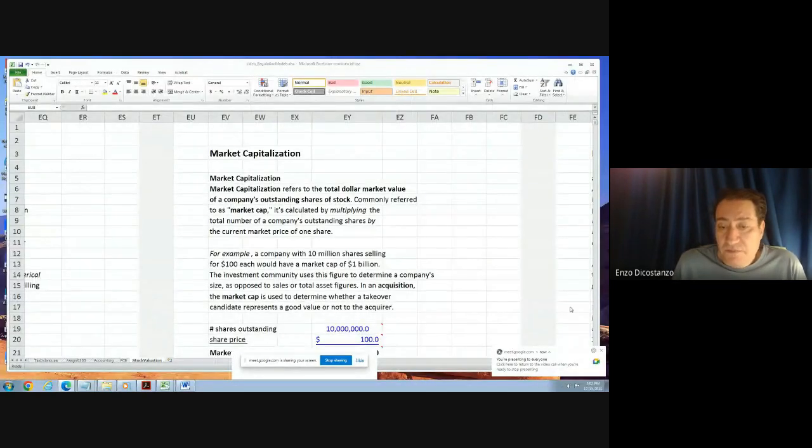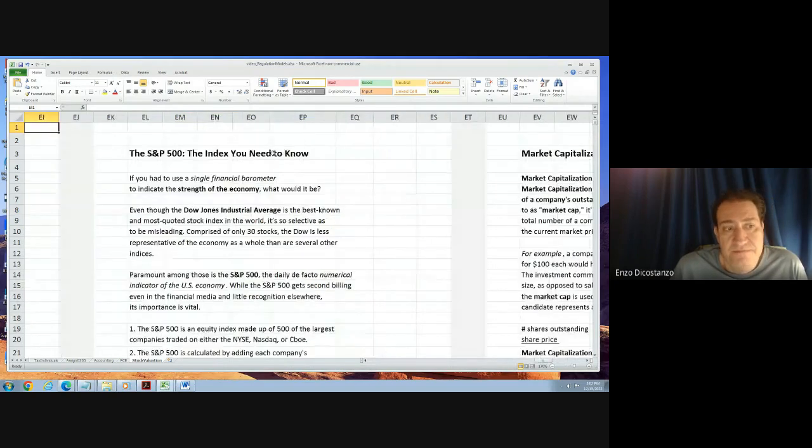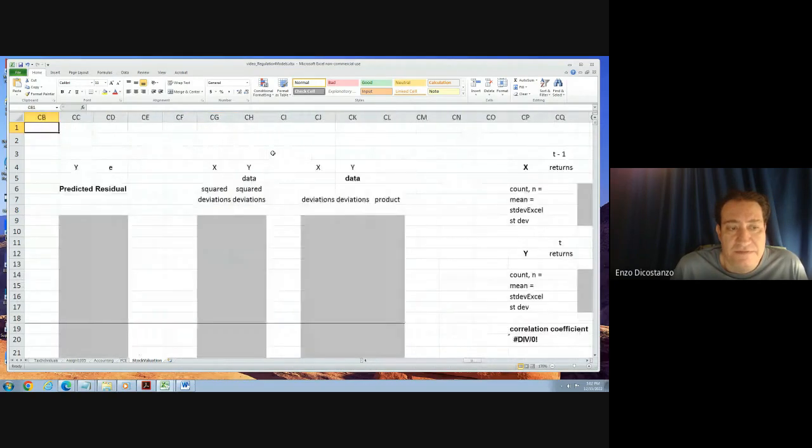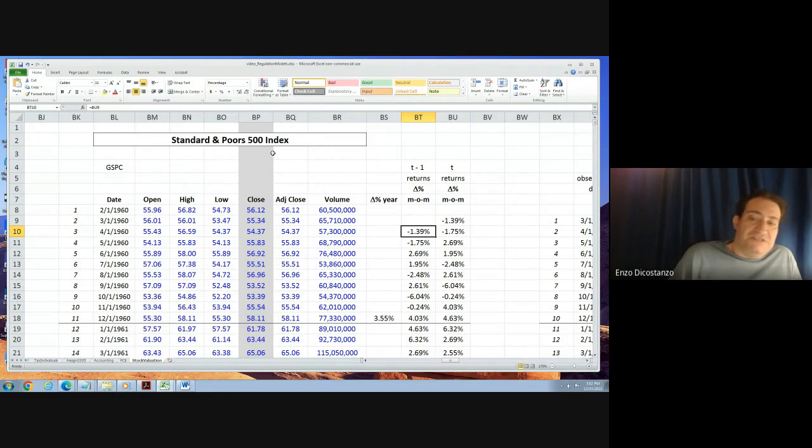Okay, so we dealt with this last time. Here's the data, right? The closing data that we looked at for the S&P 500, the current month-over-month change, which is right there, and then the one that's designated as T minus, T minus, T minus that change.